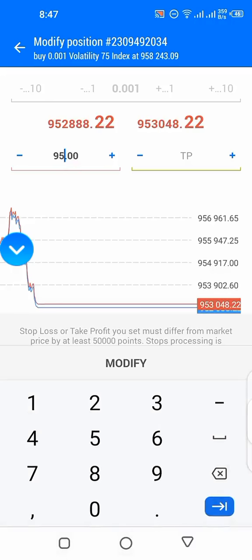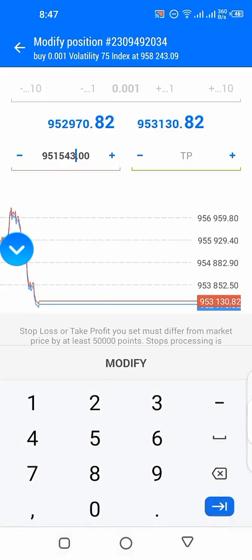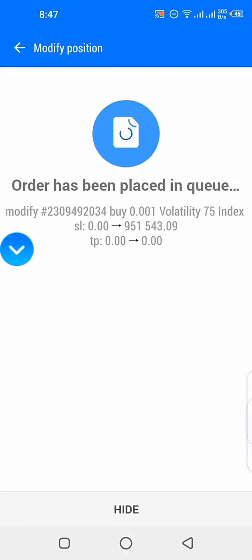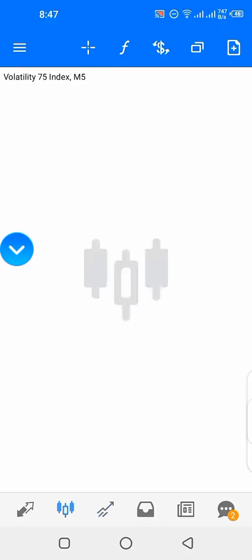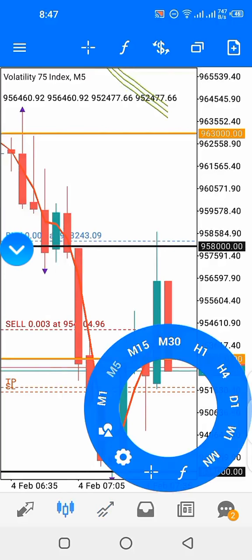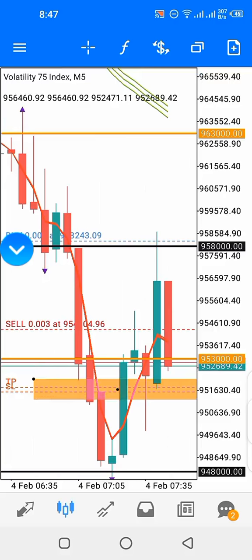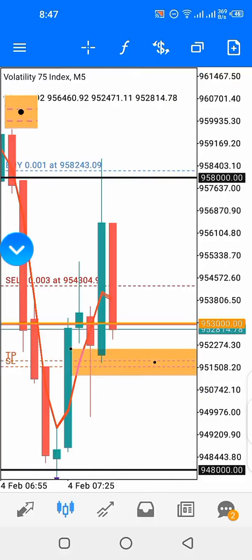The lot size for the buy trade is 0.001, while the lot size for the hedge trade is 0.003. So I'll need another hedge pending order, my second, to be 0.008, and that's going to be a buy stop.